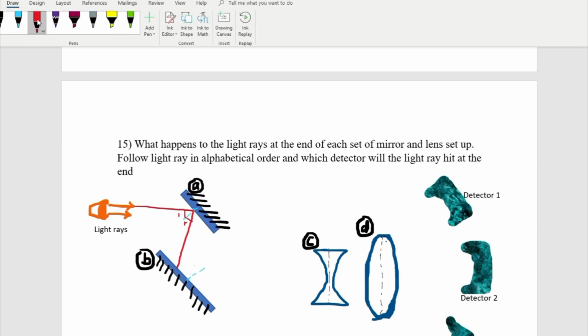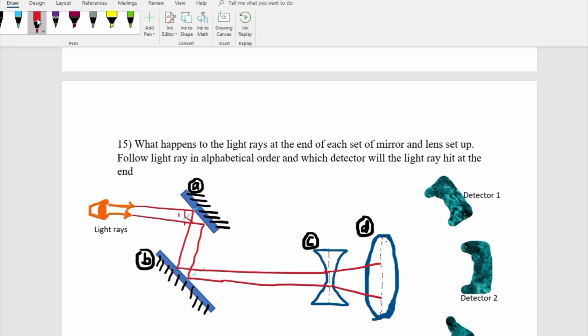And with this other one here, we do the same thing: it bounces, then approaches this region and continues right there. As you go through the journey, it approaches the divergent lens, and what divergent lenses do is spread out our rays outward, and then this approaches a converging lens.